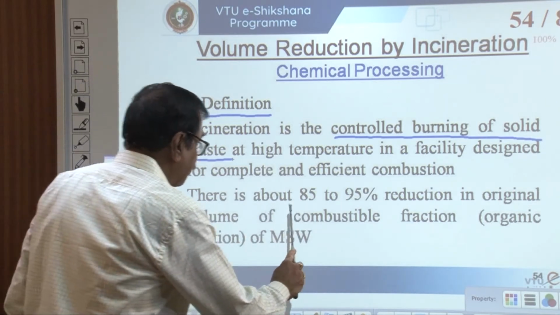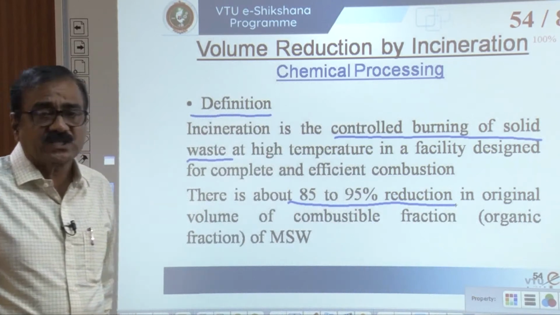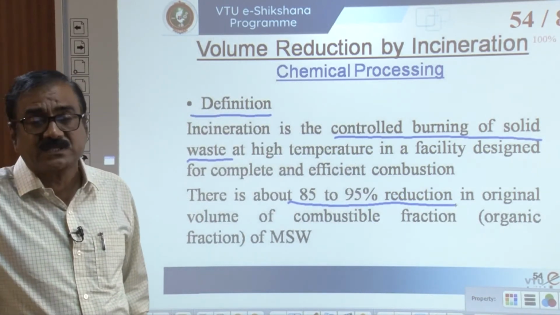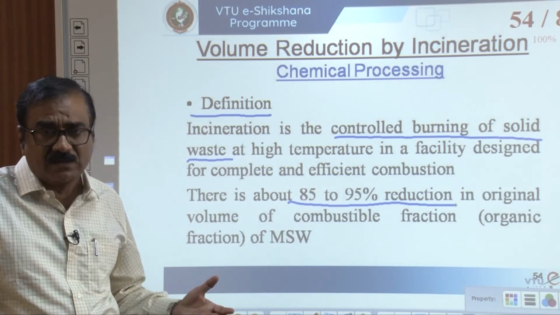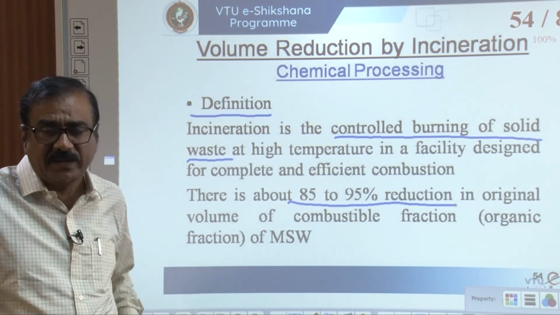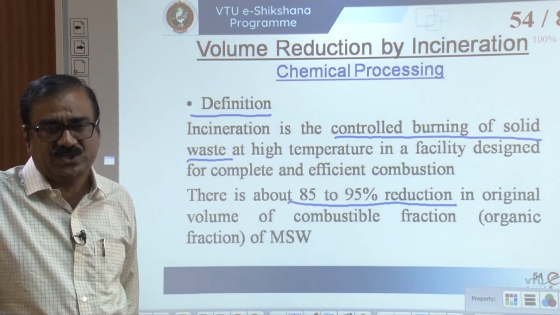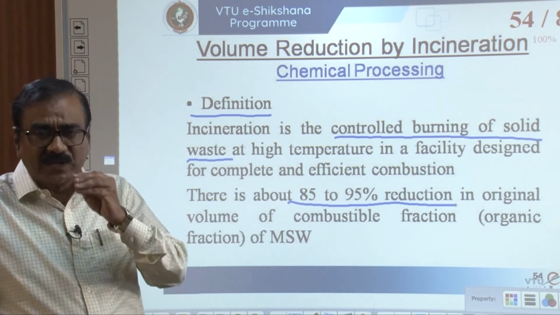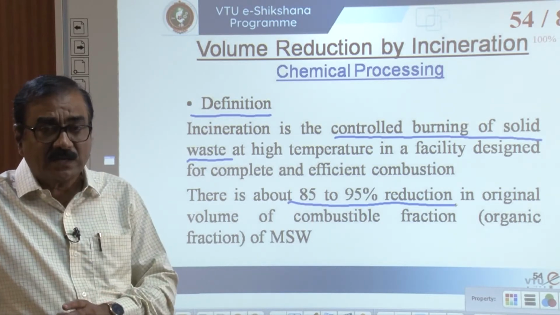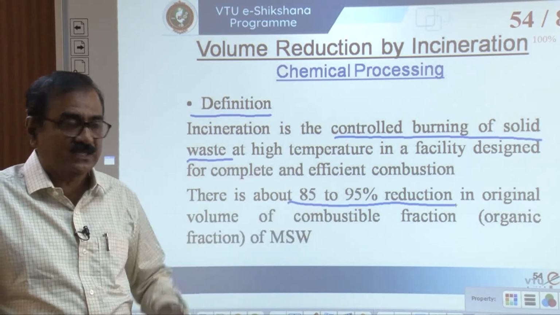Interestingly, you see, the original volume of the solid waste gets reduced by 85 to 95%. If 100 kg of solid waste is there by weight, hardly 5 kg remains as ash. This is the greatest advantage of the chemical processes, and other advantages we shall also discuss.